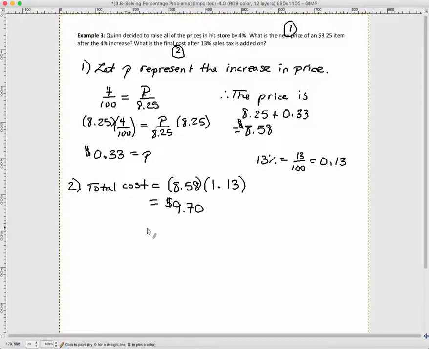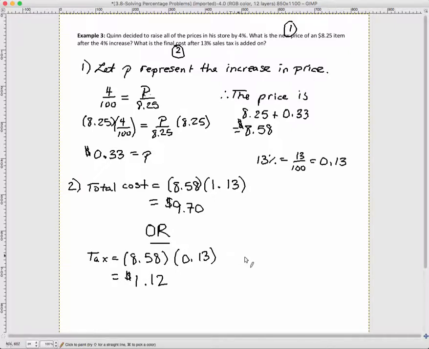Other people may not like that, and they will say that the tax that's applied on this $8.58 would be $8.58 multiplied by the tax portion. So the tax is our 13%. If you multiply that out, you get that it's $1.12. So on the $8.58 item, you're paying $1.12 in tax.